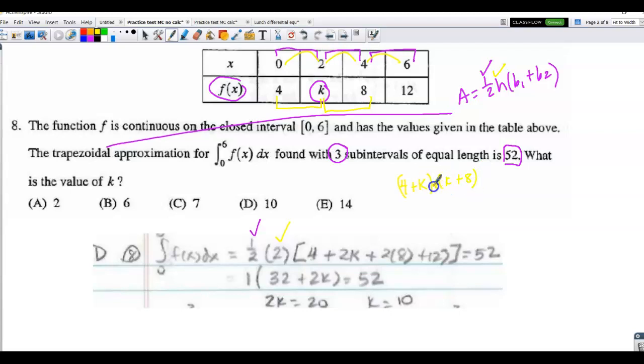That's a plus sign right there. And then for trapezoid 3, I will have base 1 of 8 plus 12. And that's what this is down here. And they said that's equal to 52. So now I'm going to multiply, simplify, combine like terms, and then solve for k and get a k value of 10.